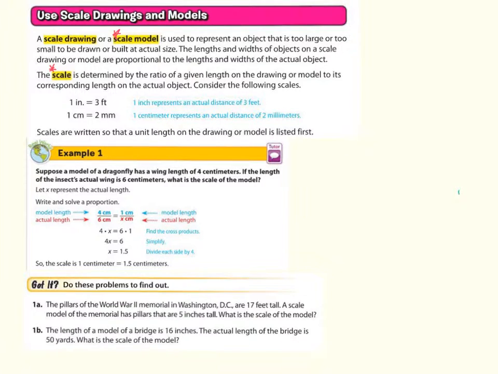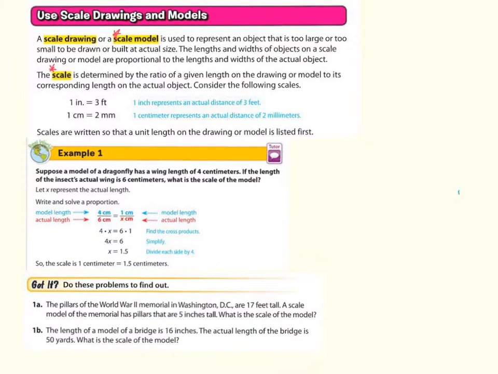Okay, go ahead and read example 1 about the dragonfly. Read how they set up for the proportion, and then press play when you're ready to resume. So here in these examples, they don't give you the scale. This is where you have to write the scale, and this is why I saved this for last.